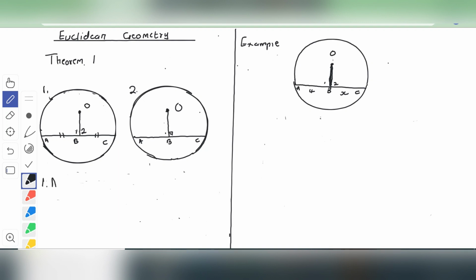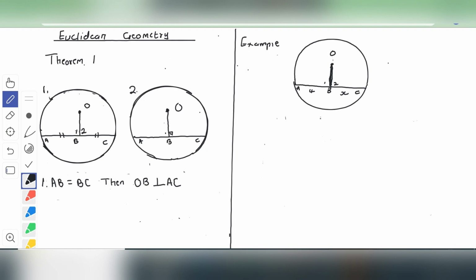Always know that whenever AB is equal to BC, then OB is perpendicular to AC. You just have to know that.